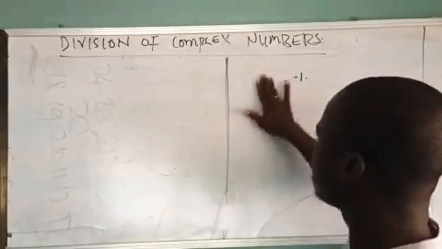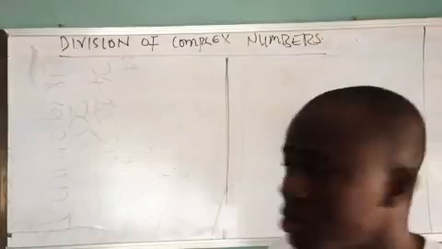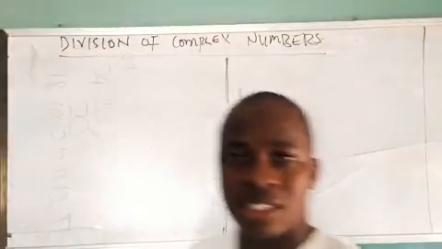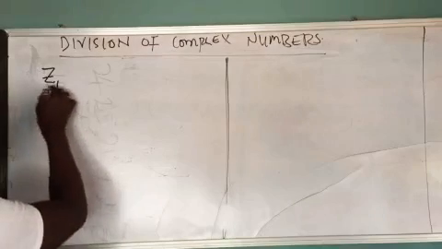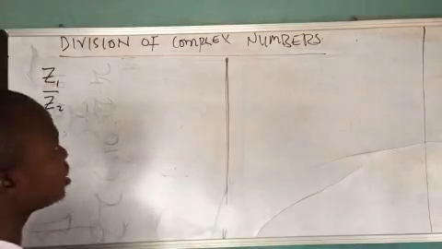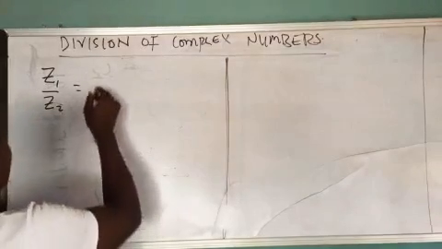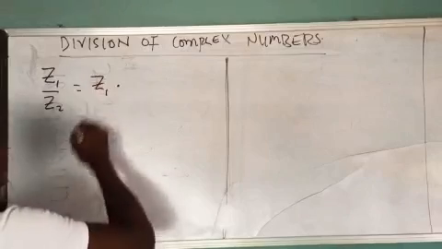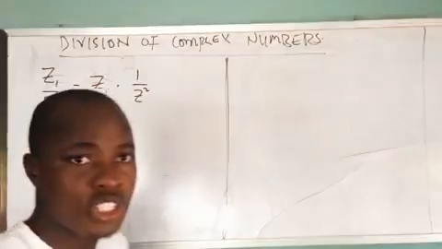Now the quotient, that is division, z1 over z2, the division of complex numbers, can be defined as z1 times 1 over z2.